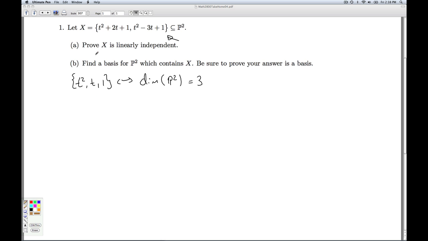Okay, so I need to know what things are linear combinations of those two vectors, which means I need to figure out what the span of x is. So I'll just look at linear combinations here.